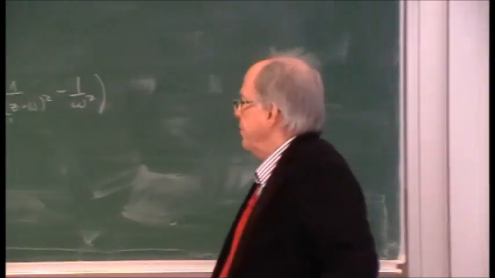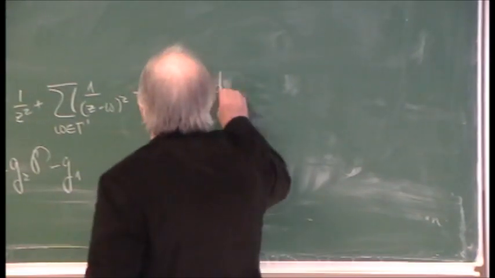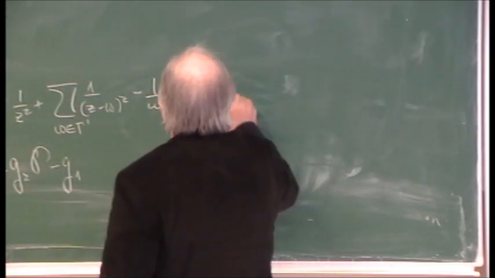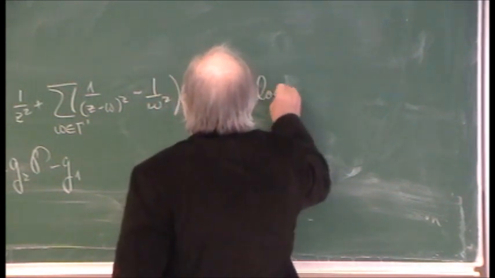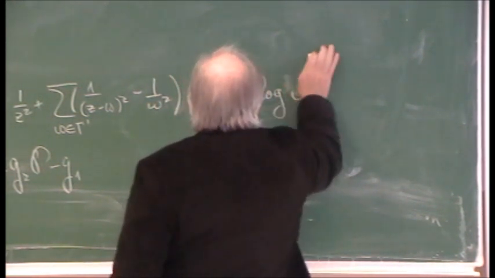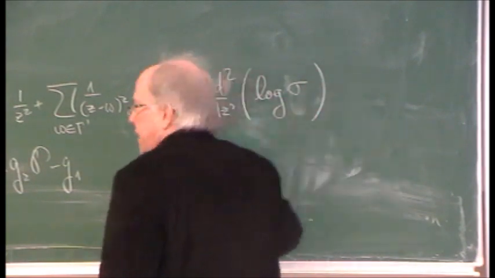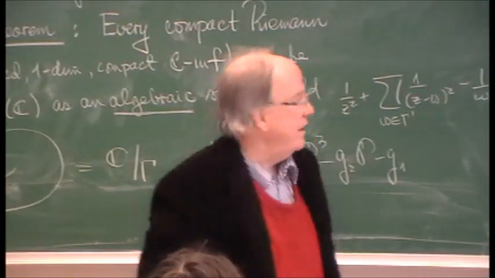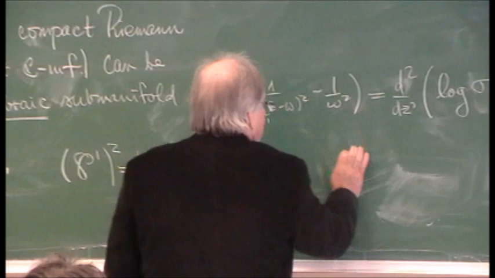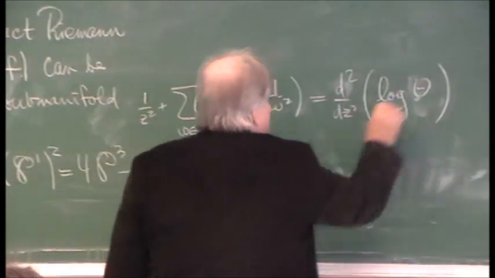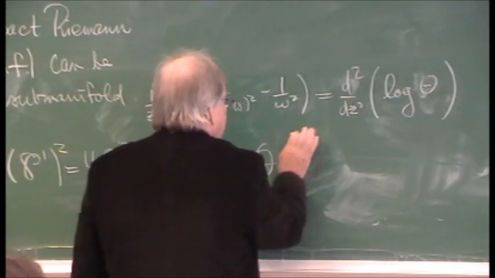But what it is, and I will explain this, is, up to some small thing, the second derivative of the log of what Weierstrass called a sigma function, which is the basic theta function here. And the theta function here, let me write theta because it's really theta, is something like this.